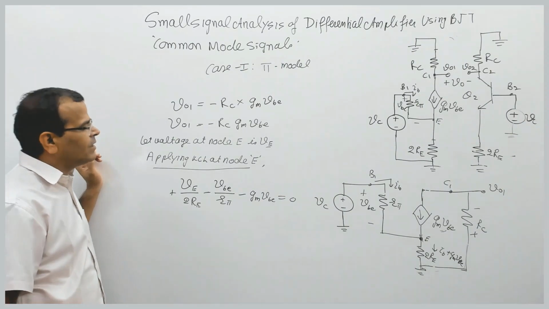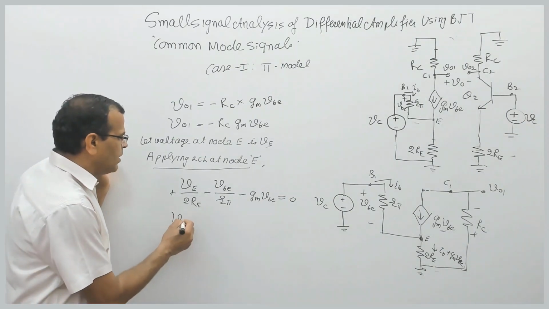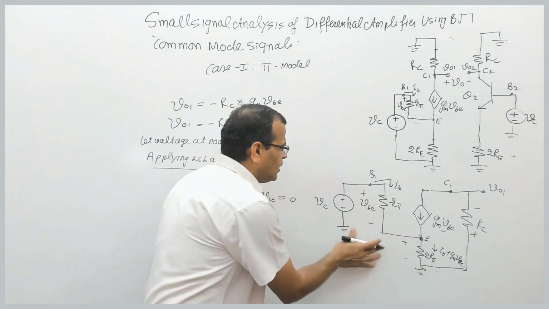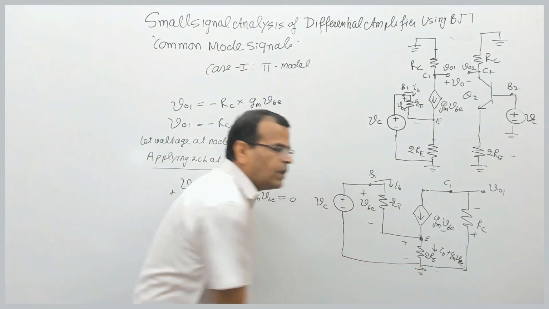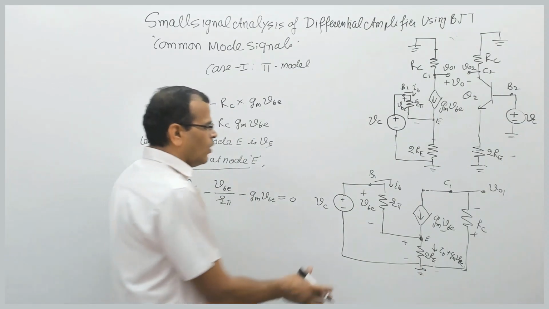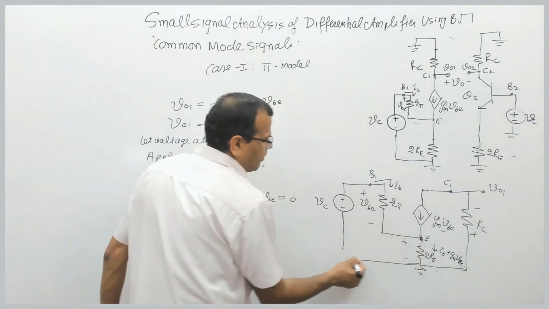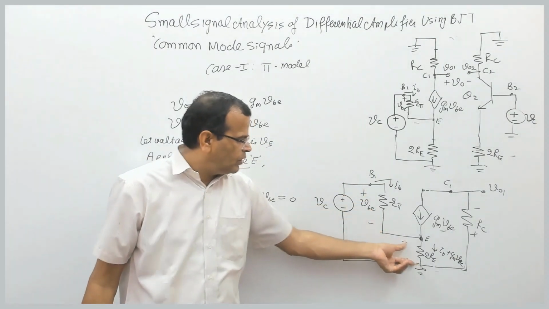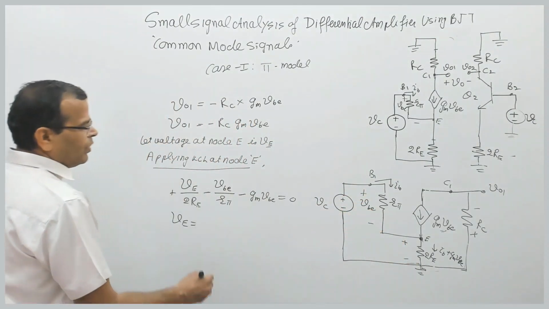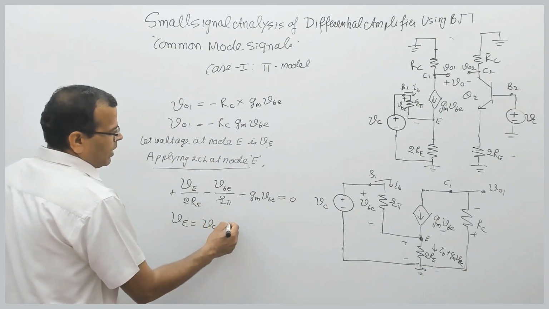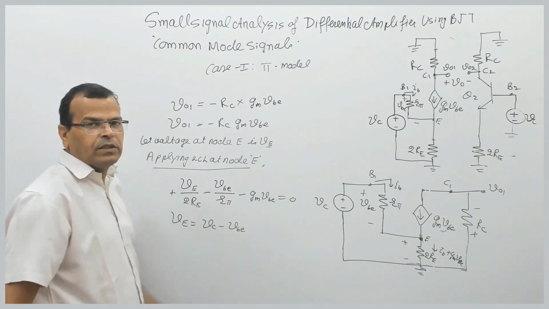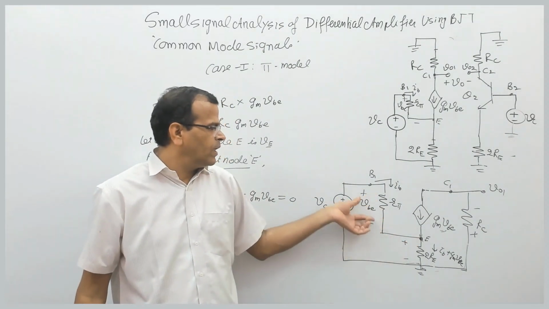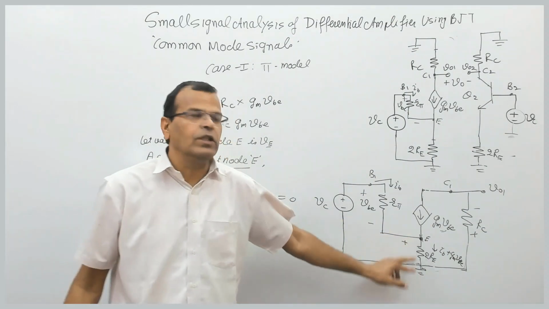But there is an interesting point here. VE, see it carefully. What is the total voltage drop across this and this? If you connect this to the ground, that is the same thing, because ground can be connected here. So this voltage plus the voltage across this will be VC. So VE is equal to VC minus VBE. Please understand, this is the total voltage drop across this plus this, minus this voltage is VE, the voltage across this resistance.